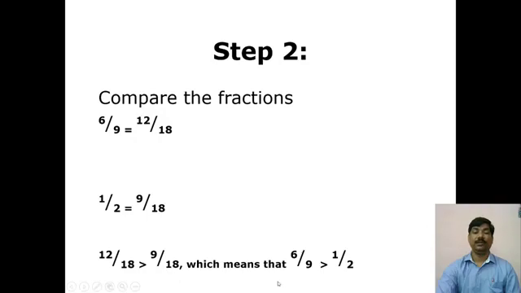So this means 6 upon 9 is greater than 1 upon 2. So what we are seeing here is that to compare unlike fractions, first you make them into like fractions by following the steps as I told you.